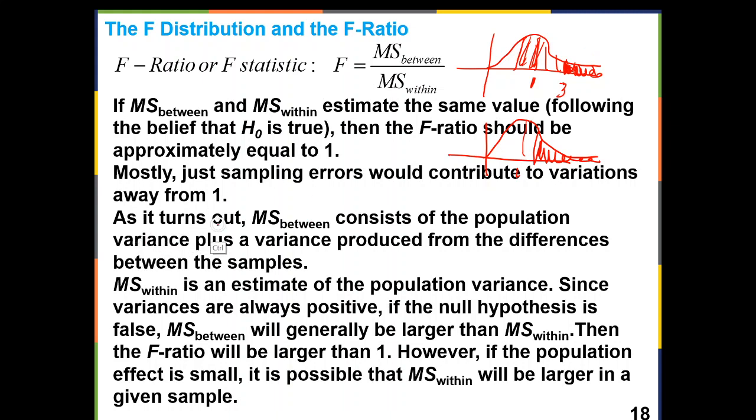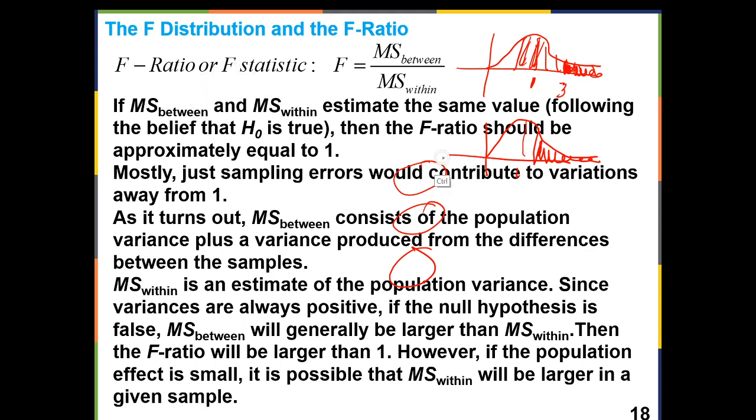All right, as it turns out, MS between consists of the population variance plus the variance produced from the differences between the samples. So if we have many samples and there is not much difference among them, the X bars are close, then that doesn't cause MS between to be bigger than MS within.